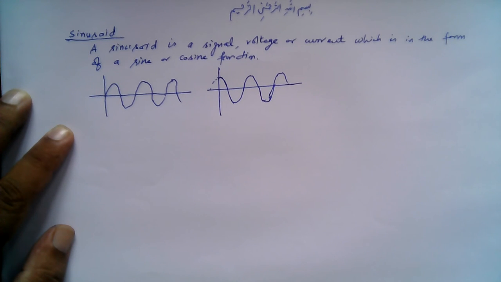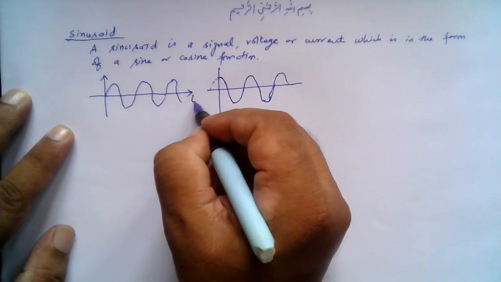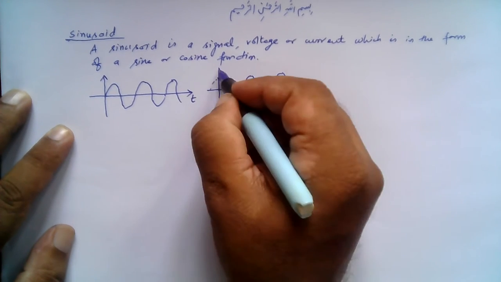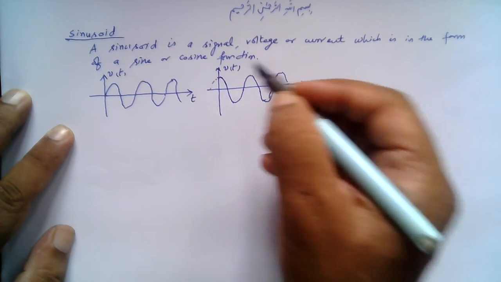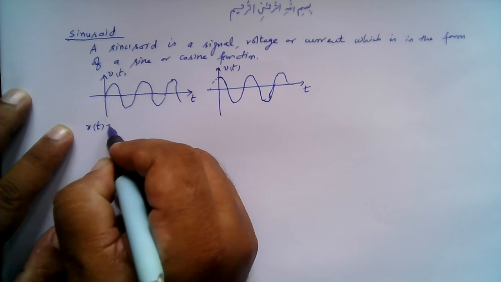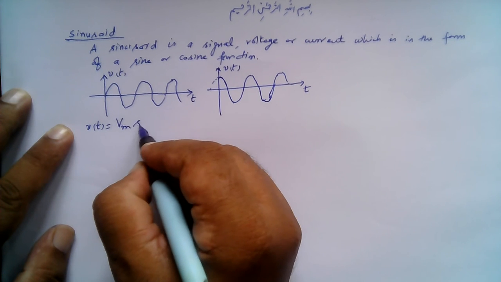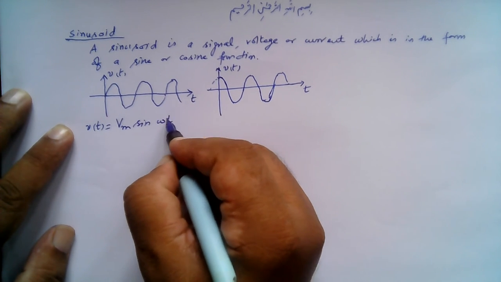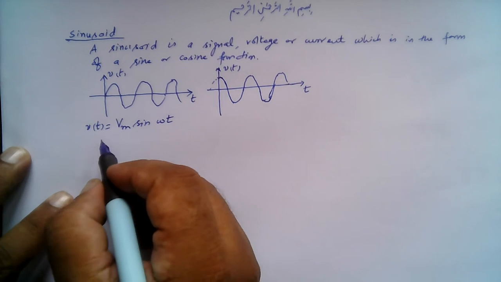So, for example, let's consider on this axis, let's have a t, and this is v of t or i of t, depending upon the situation. So let's consider a sinusoidal function. v of t is equal to Vm sine omega t, right? So we can plot this function like this.